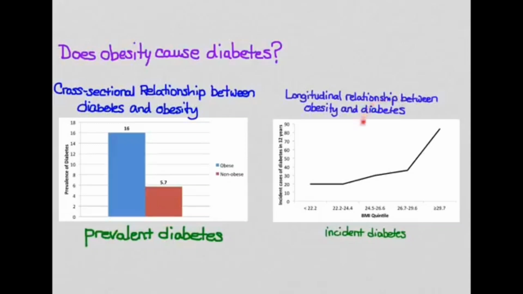So multiple outcomes can be explored with a cohort, as well as multiple exposures, which we already talked about. So in this paper, I'm not showing you the data, but they also looked at the relationship between fat mass and diabetes, and some other variables in diabetes. So that's another benefit of cohort studies, is they can look at multiple outcomes and multiple exposures.